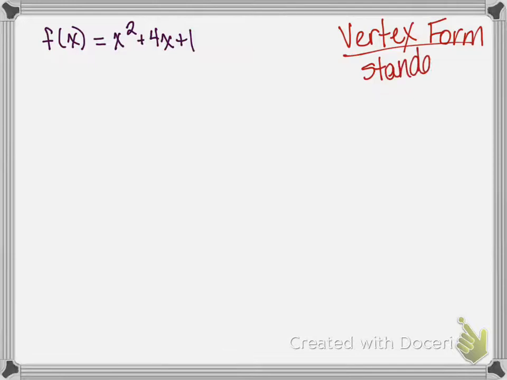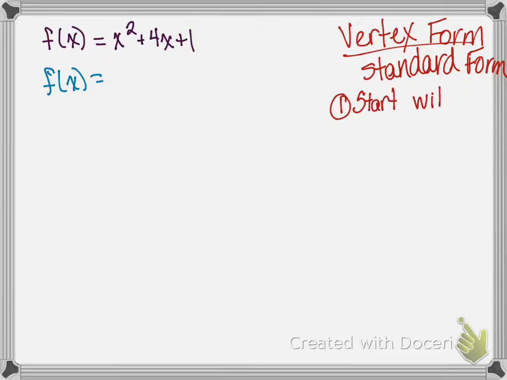So the first thing that we're going to do, we are going to keep our f of x. Was it already in ax squared plus bx plus c? You're going to start with the form ax squared plus bx plus c. You do want to do that.